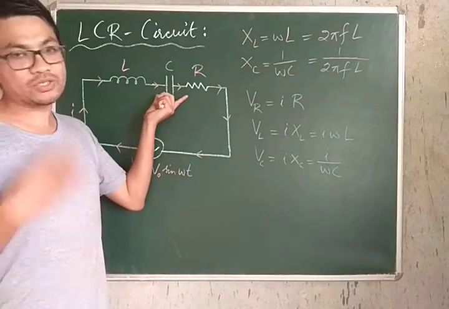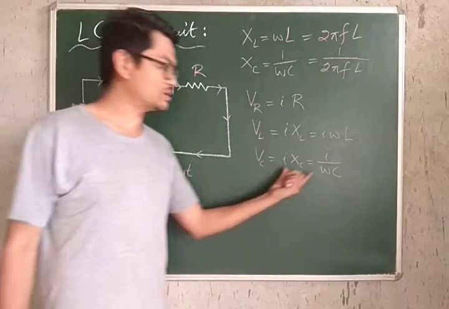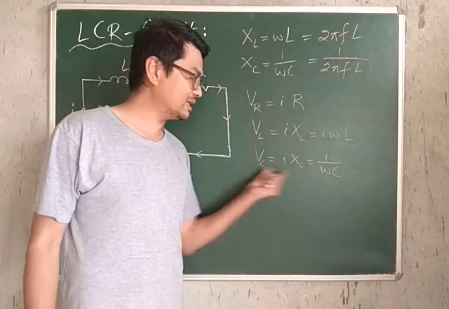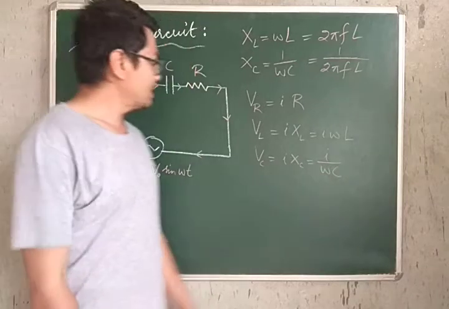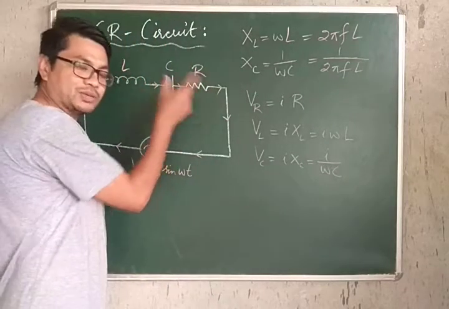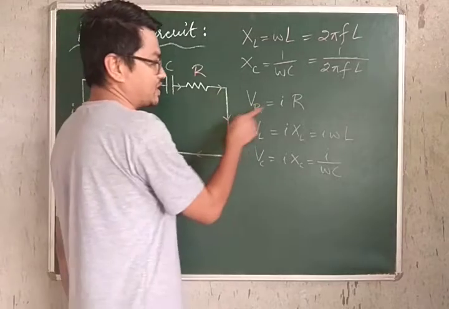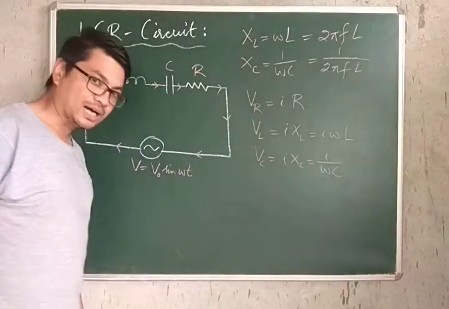Likewise, there will be a potential difference across the capacitor, VC, which is I upon omega C. And there will be a potential difference across the resistance, VR, which is I into R.